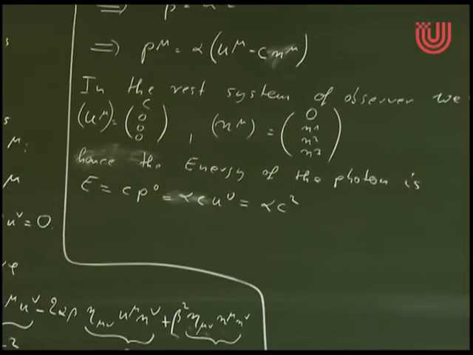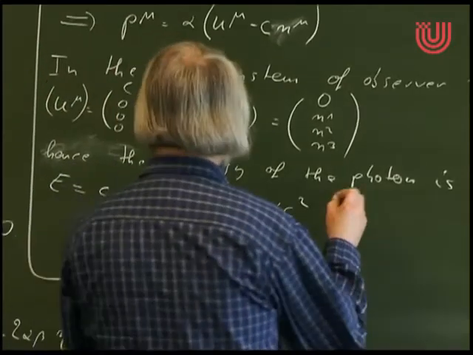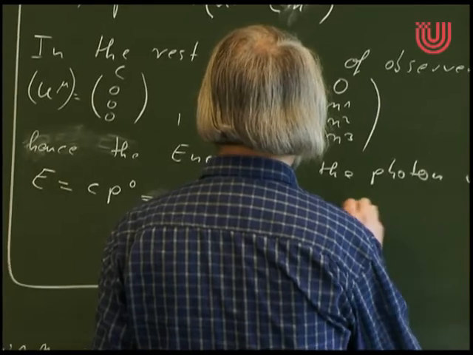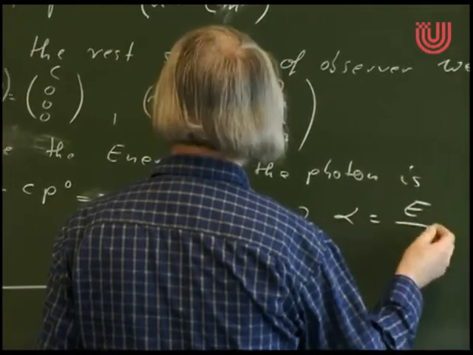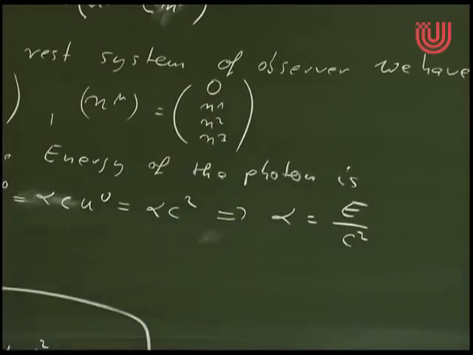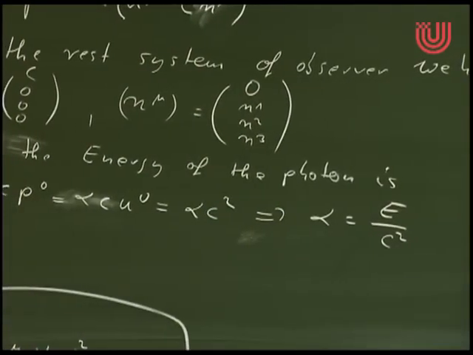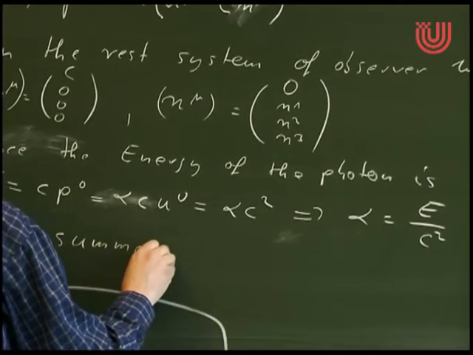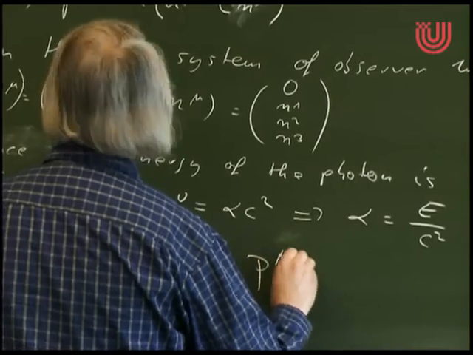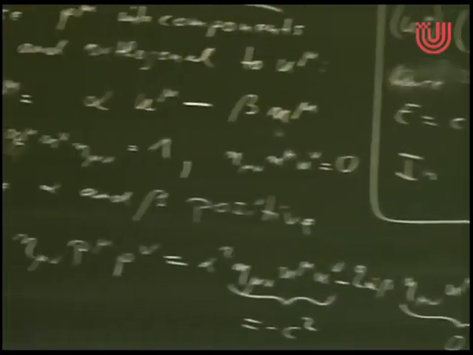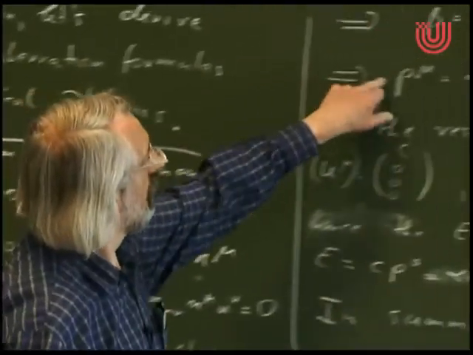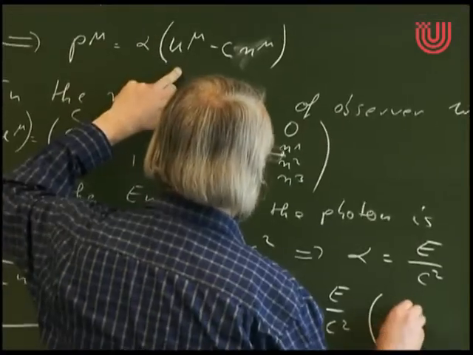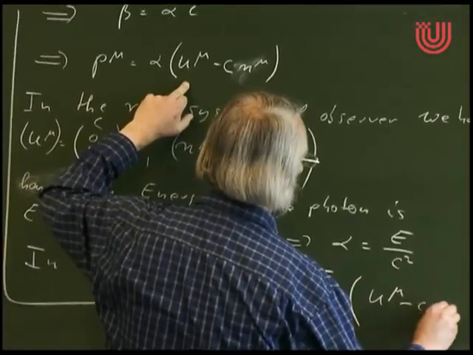So I have this equal to, and that gives me alpha in terms of E. Hence the energy of the photon is, so I can write alpha as E divided by c squared. That was the formula I was looking for. So in summary, we have now our expression for the four-momentum. We had this expression here, and alpha is now E over c squared. And then I have u mu minus c n mu.